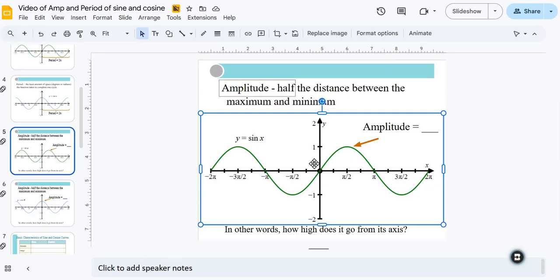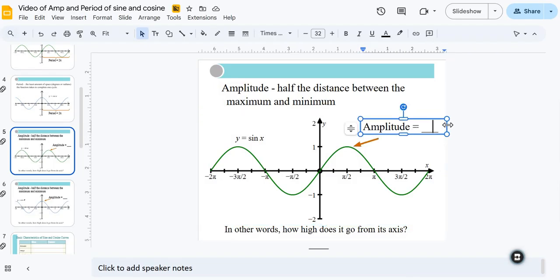So for our amplitude, we're looking at half the distance. I can take my maximum, which is 1, and subtract -1 because that would be the distance. And so I get 2. Then if I want half of that, I would divide by 2. So 2 divided by 2 gives us 1. So for our amplitude for sine, we do get 1.